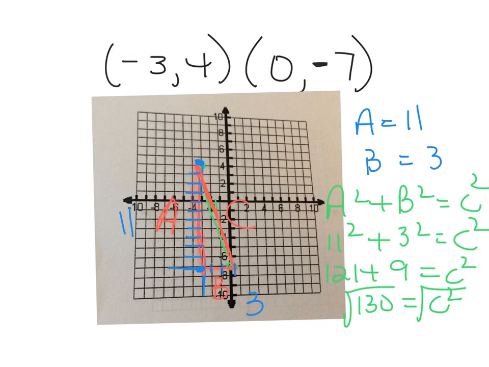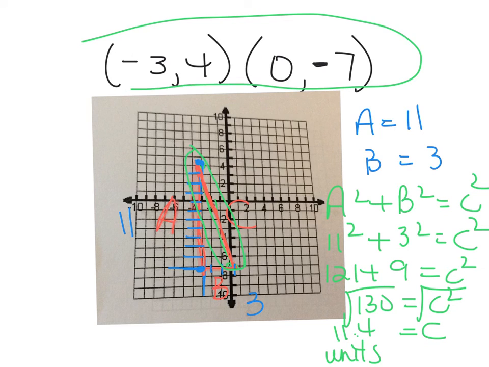When I took the square root of 130, it's 11.40175, so to the nearest tenth, that would be 11.4 units. So my distance between my two original points, negative 3, 4, and 0, negative 7, is 11.4 units.